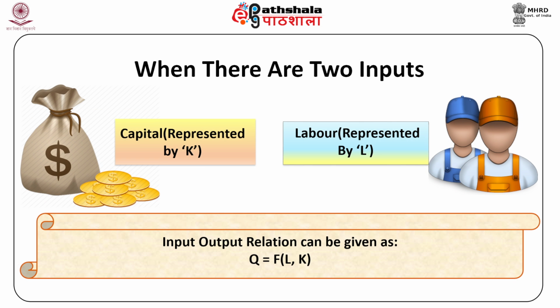For simplicity, we assume that there are main two inputs, labor and capital. So, the input-output relation can also be written as Q is a function of L and K, where L and K represent labor or man hours and capital or machine hours respectively used in the production of the good Q.